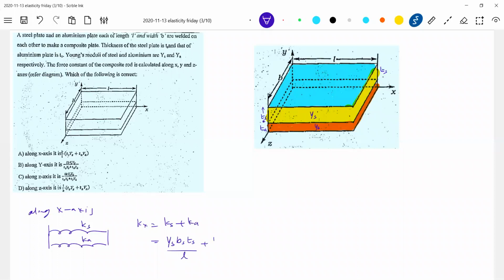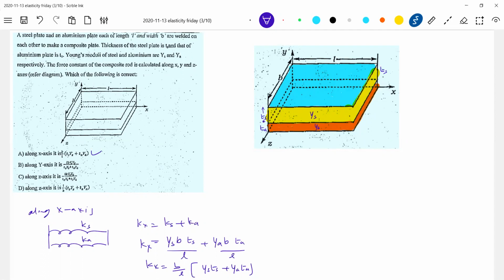Length should be L. Ya, B, Ta by L. Width B is the same, so you take BL outside. So Ys Ts plus Ya Ta. Option A, okay, fine.